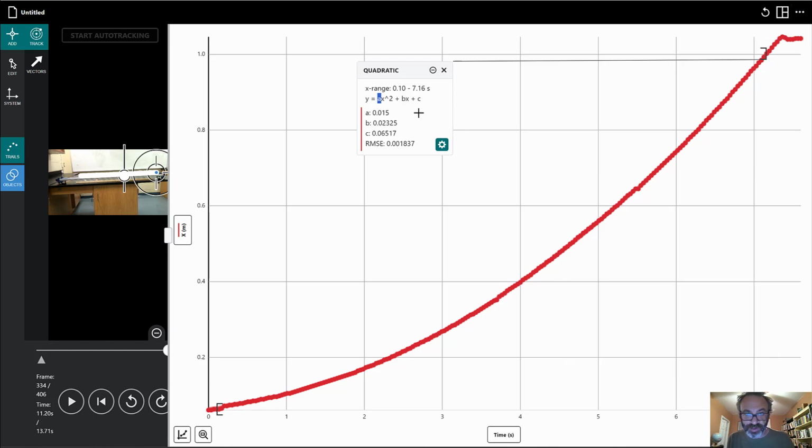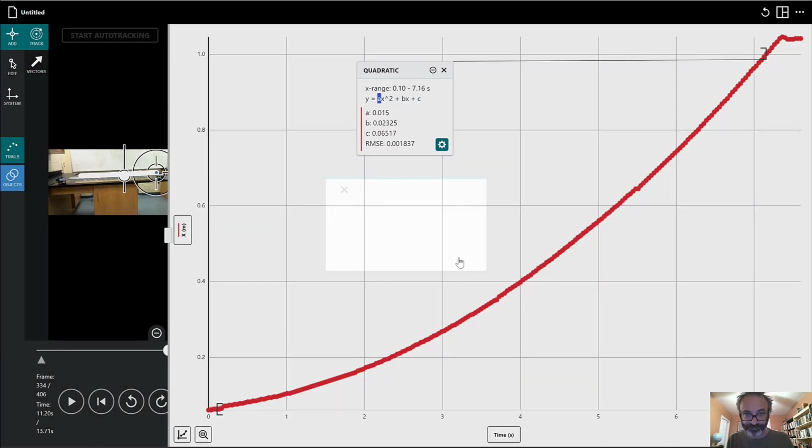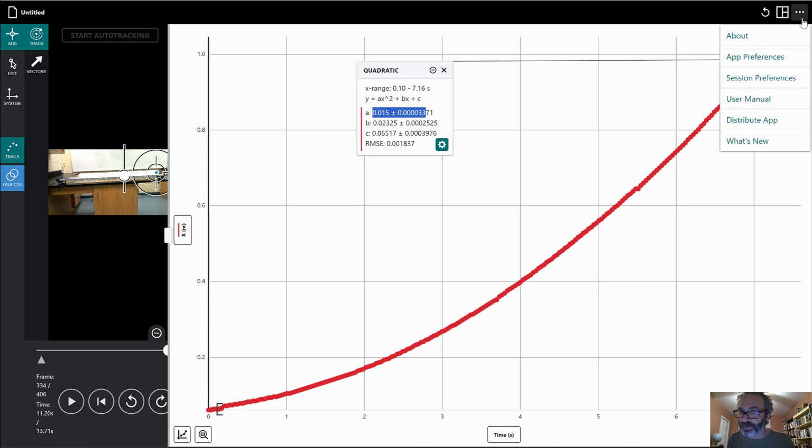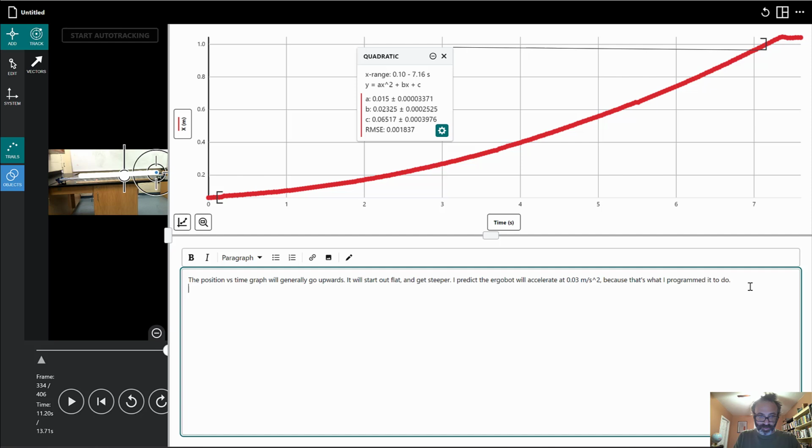But what that means is our acceleration, and let's turn on our uncertainty. What that means is, oh wow, that's pretty good. What that means is our acceleration, perfect. If we go to notes to continue our prediction. So let's see how we did. Our graph looked just as predicted.